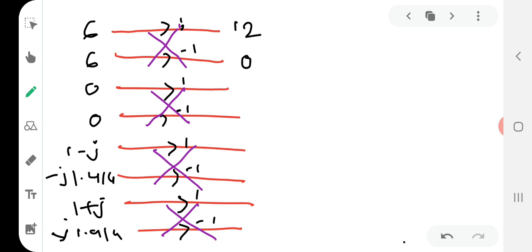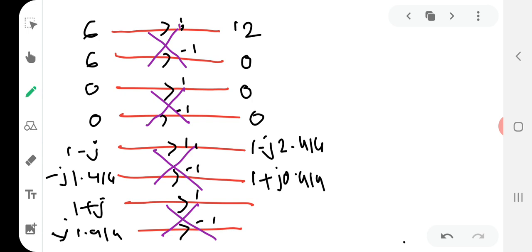Okay, and now here this will be 0 plus 0 is 0, 0 minus 0 is 0, and here the value will be 1 minus j plus j into 1.414, that is 1 minus j into 2.414, and here it will become 1 plus j into 0.414, and here if you multiply this, 1 minus j into 0.414 will come, and here this will be 1 plus j into 2.414 will come. Okay, these are the values.